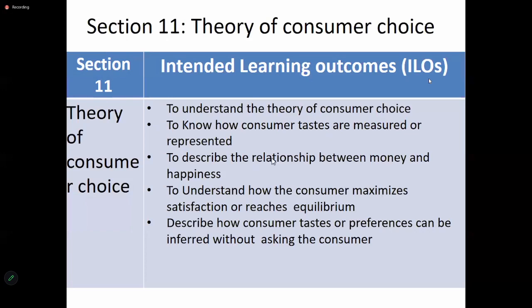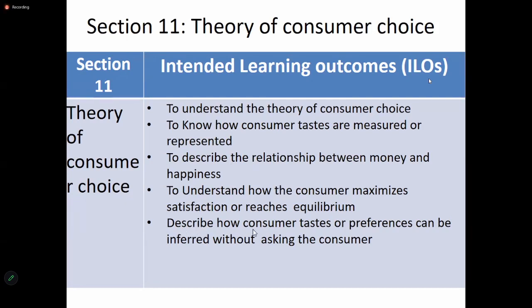Then to describe the relationship between money and happiness, you need to understand how the consumer maximizes satisfaction or reaches equilibrium. Okay, so this section is also very easy and understandable. I hope you all can understand very well.